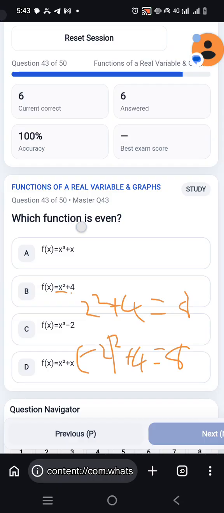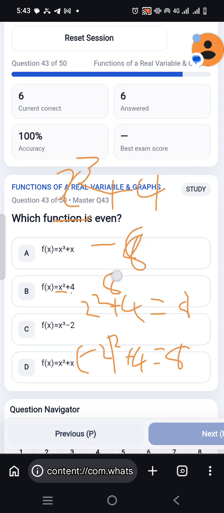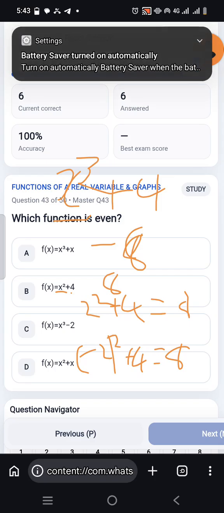How will I explain it? It's just like saying s cubed plus 4. This s cubed is an odd function, so this one can be negative. Let's assume this one is minus 8 when you use minus 2, and this one is plus 8 when you use plus 2. Do you get it?